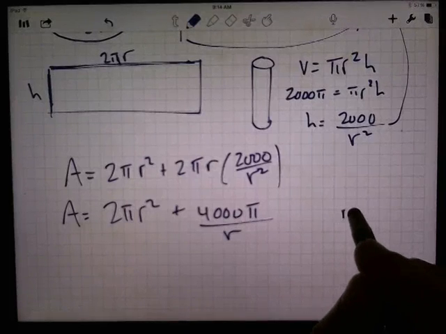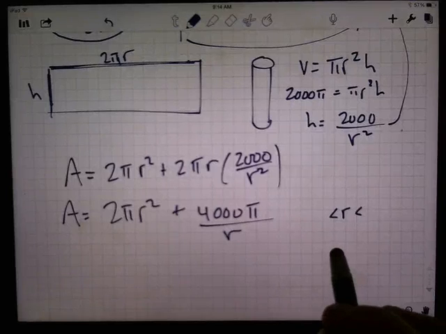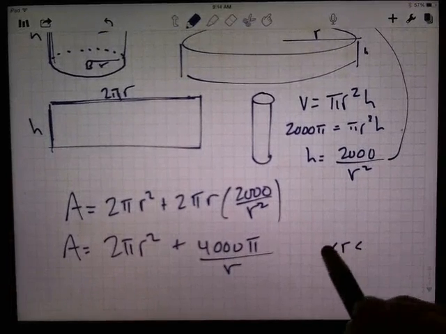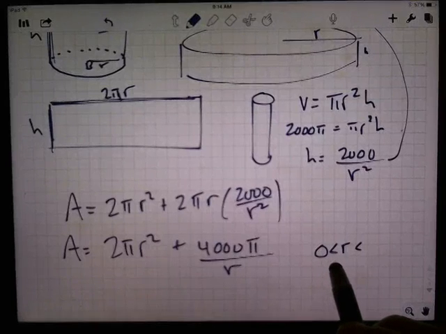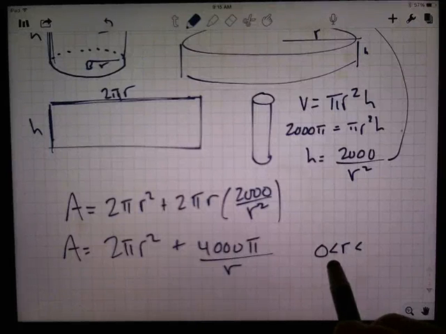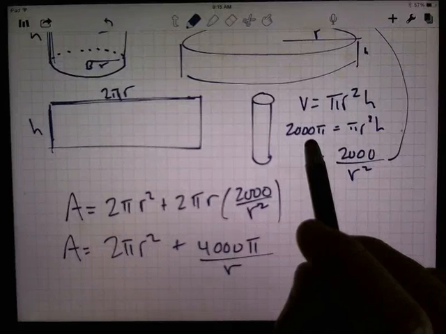Now I'm going to see, are there any minimums or maximums on this radius? Certainly the radius can't be any less than 0. And actually, I don't even think it can equal 0, because if it did, the volume would be 0, and so I don't have my volume.